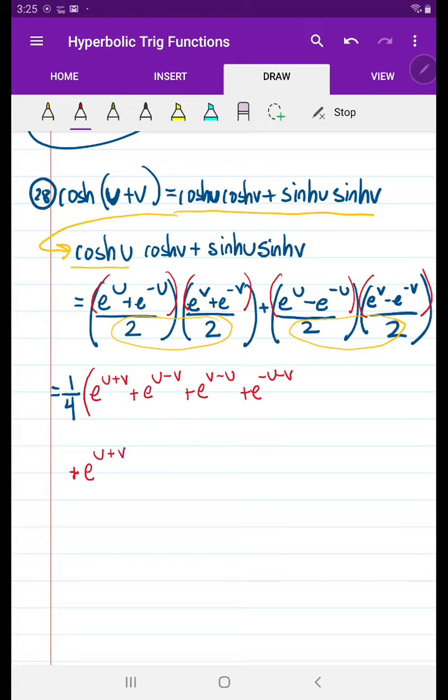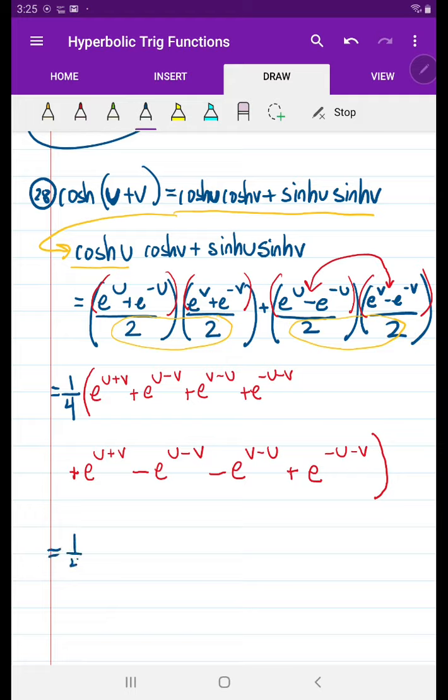And then my outers will be a minus e to the u minus v. And then my inners will be a minus e to the v minus u. And then my last, that's a double negative, because I got a negative and a negative. So that's going to turn into a positive e to the minus u minus v. Okay? So I'm going to go ahead and combine some like terms here.